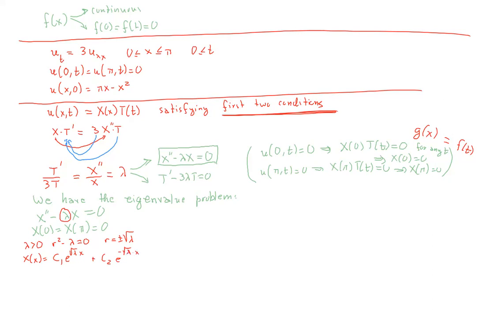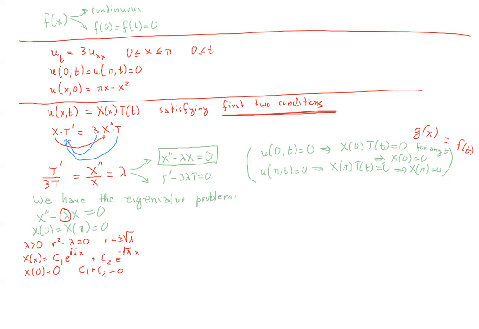And now you're asking to find this function that satisfies the differential equation, but for it to be non-zero, at least one of c1 or c2 should be non-zero, right? So when you want x of 0 to be 0, that forces c1 plus c2 to be equal to 0, because that's what you get when you plug in x equals 0.